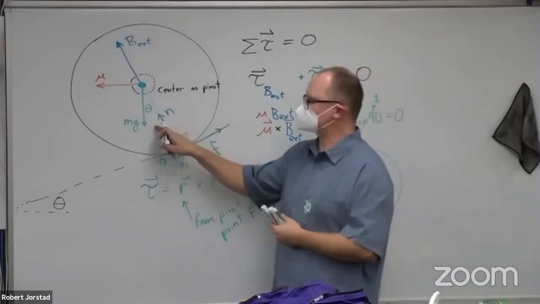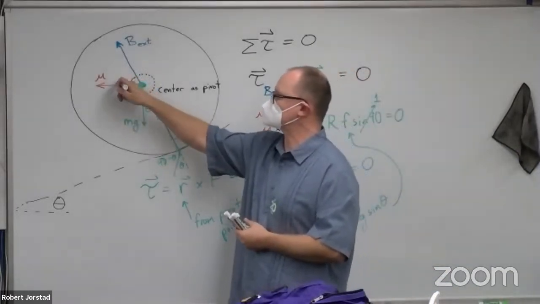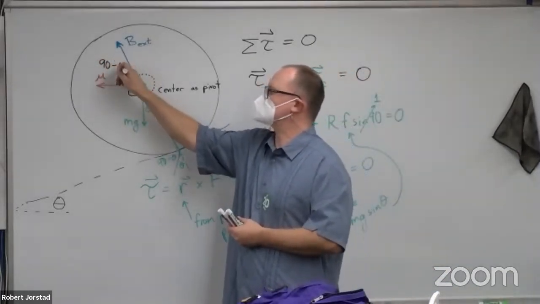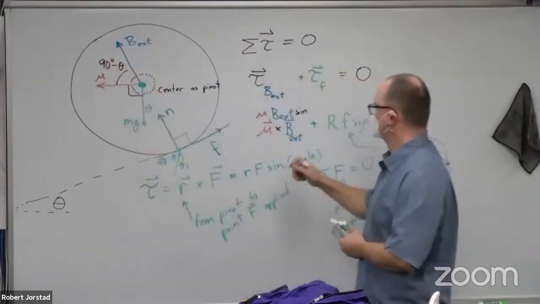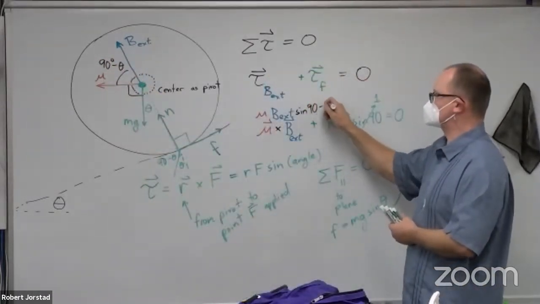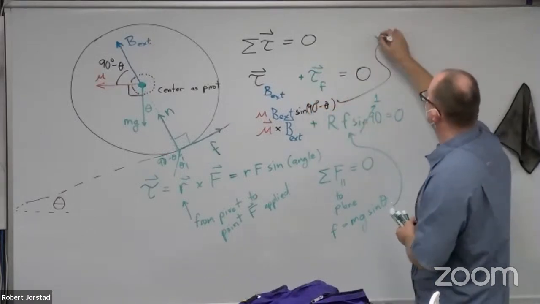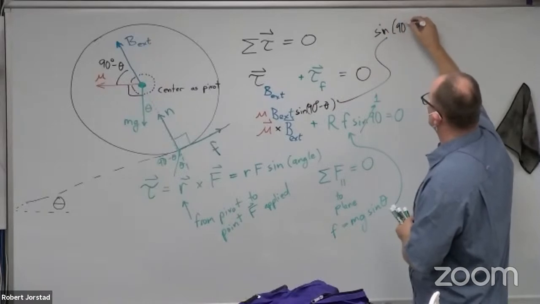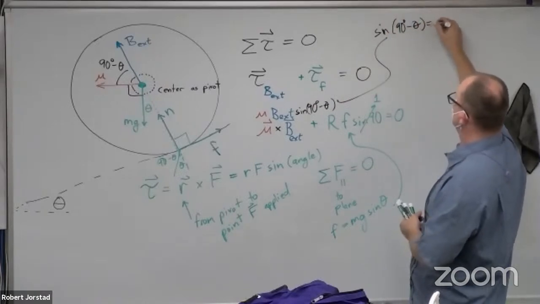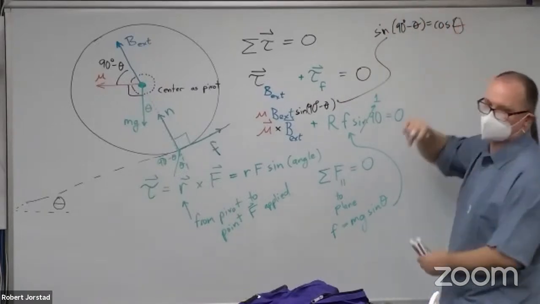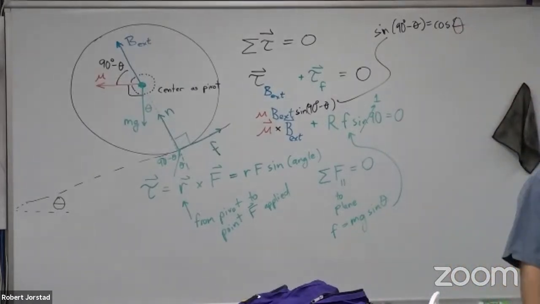Yeah, do you see if this is theta, this is a right angle, isn't this 90 minus theta? Well, what's sine of 90 minus theta? Remember that from whatever? I'm tired.